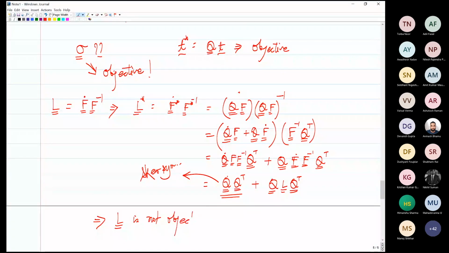But what about the symmetric part of L star? So the symmetric part of L star will then be equal to the symmetric part of QLQ transpose. Okay, so that means D is objective, which is the symmetric part of L. So basically D star will be equal to QDQ transpose.